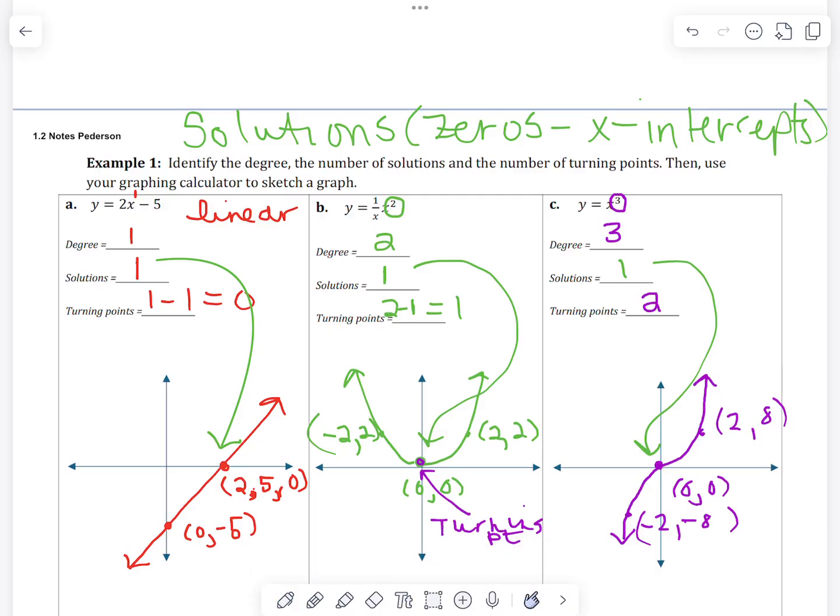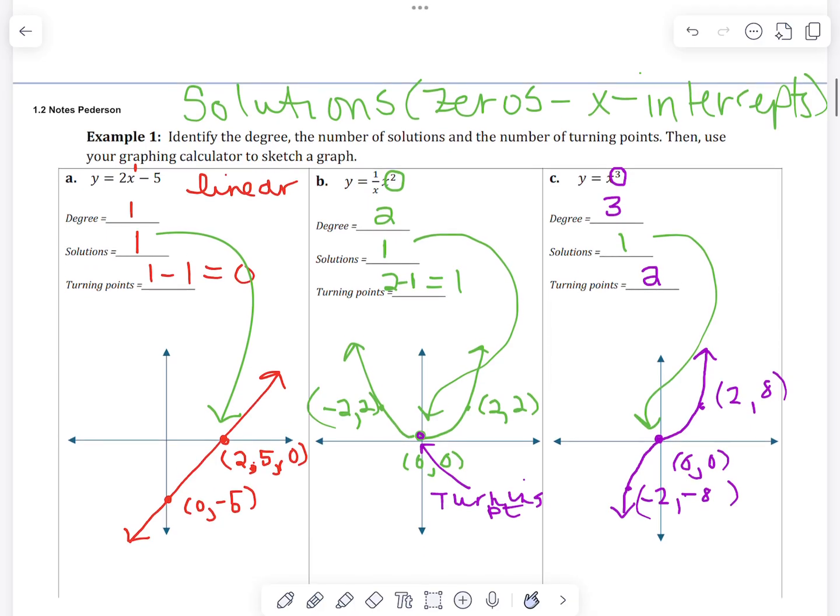The turning points, you can have up to 2 of them. In this case, this is kind of a goofy looking turning point here on that last one.